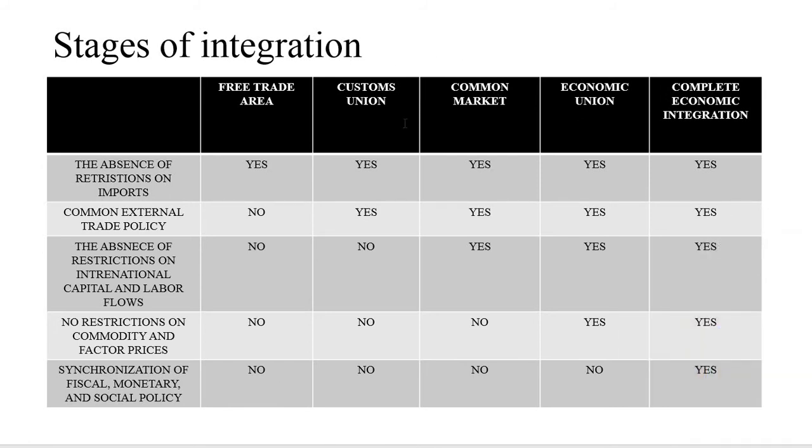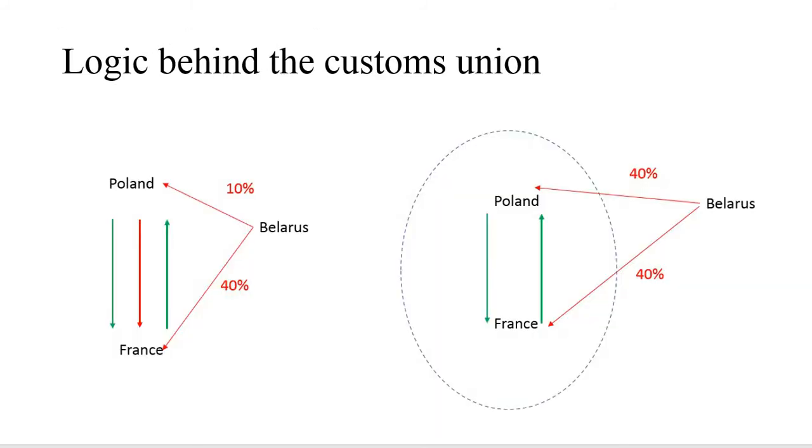So it will incorporate all the features of customs union and so on and so forth. So when it comes to customs union, it implies the absence of restrictions on international trade plus common external trade policy. So this one, I believe, is easier to analyze based on this illustration.